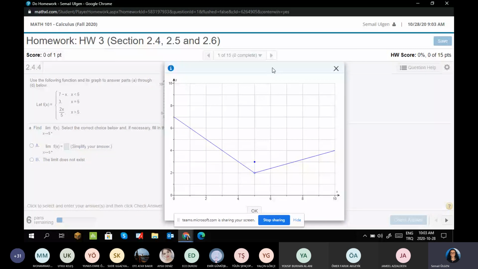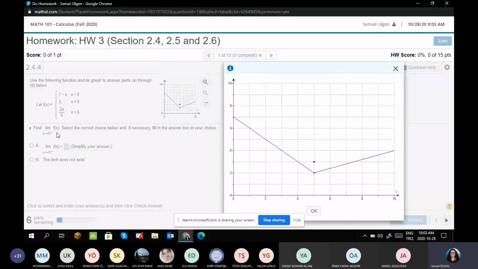And the question is, find the limit as x approaches 5 from the right. Select the correct choice below. Fill in the answer. So what is the limit here if you approach from the right? Can anyone say? 2. It's just 2. It's easy.